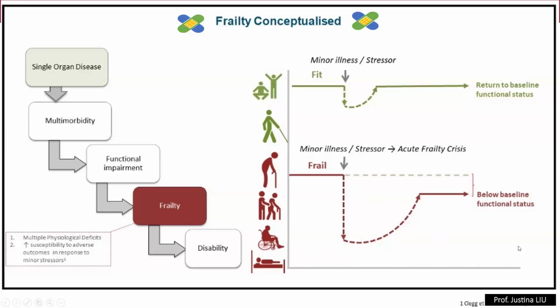So the illness or stressor can cause disabilities in frail older adults, but not in robust older adults. So in summary, when we say that frail older people are more vulnerable, it means that they are more likely to develop disabilities after a stressor.